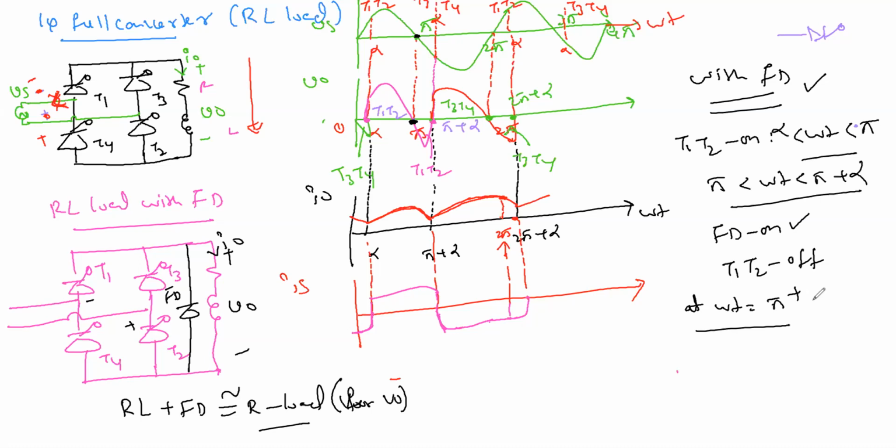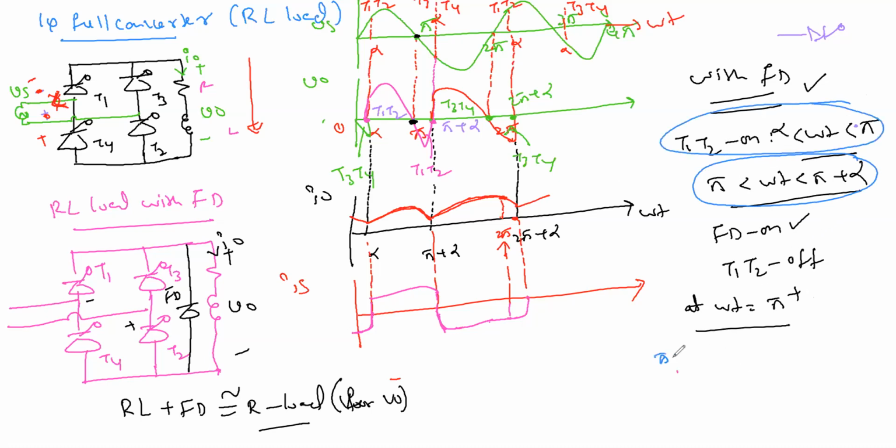And T1, T2 naturally commutated, naturally gets off, as the load current is going through the FD now. So ये वाला पीरियड में FD ऑन है, ये वाला पीरियड में T1, T2 ऑन है.